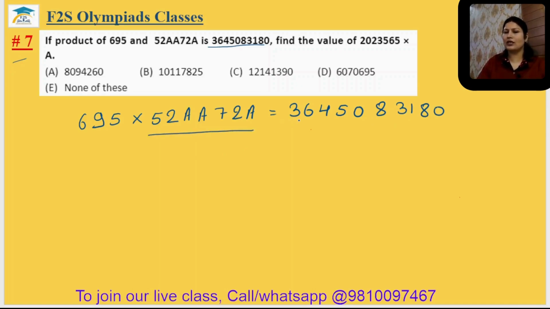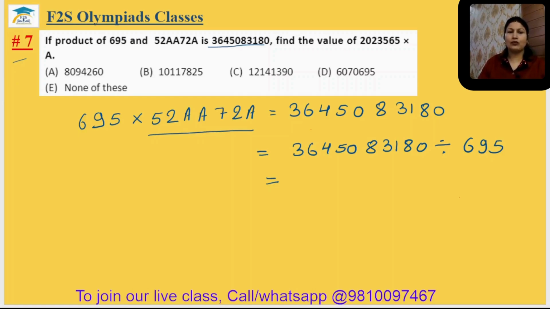To find this value, we can divide 36450 83180 by 695. If we divide these two numbers, you can just do it in your notebook. 36450 83180 divided by 695.